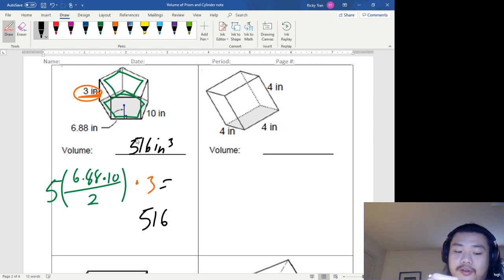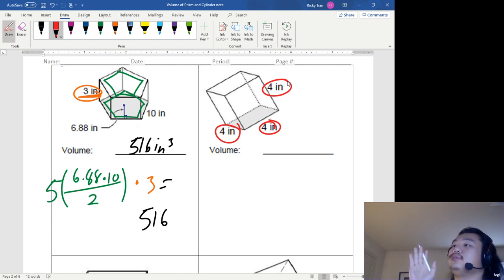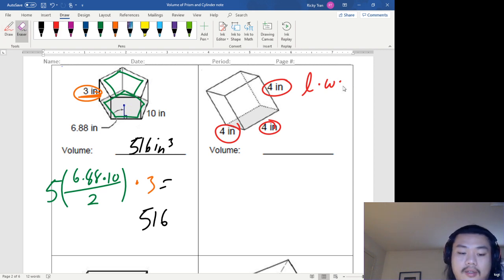With a cube, guess what? It's just 4 times 4 times 4. The nice thing about cubes and rectangular prisms is it's just length times width times height. Actually, I should change that. The H should be like this, and then the W is like that.